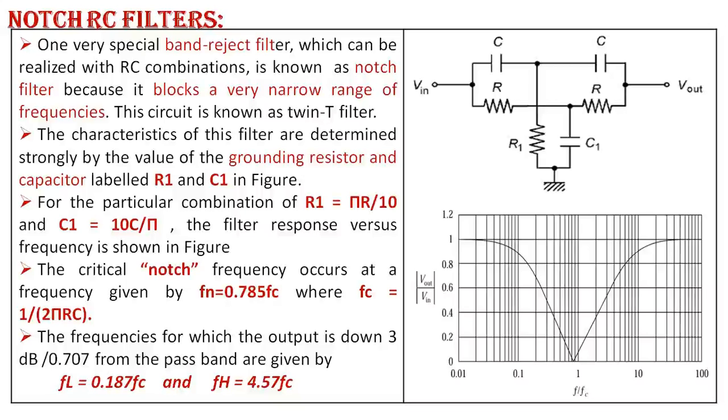The critical notch frequency occurs at Fn equal to 0.785 Fc, where Fc is equal to 1 upon 2 pi RC. The frequencies for which the output is down 3 dB or 0.707 from the pass band are given by FL equal to 0.187 Fc and FH equal to 4.57 Fc. So this diagram shows the circuit diagram and frequency response of a notch filter.